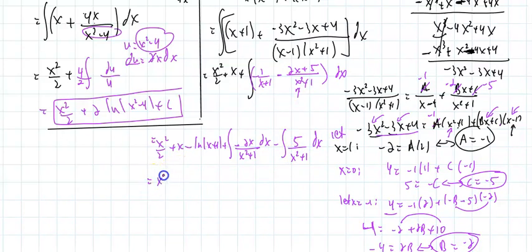So this is x squared over 2 plus x minus natural log of x plus 1. This is minus natural log of x squared plus 1. Use a u sub. This is my 5 times inverse tangent of x plus c.